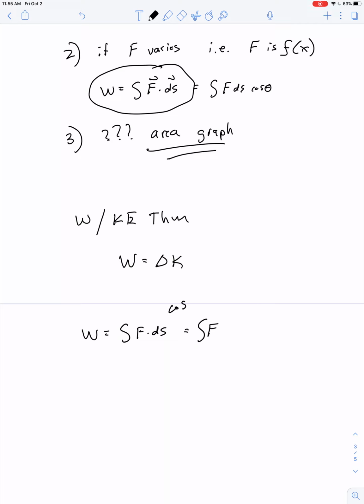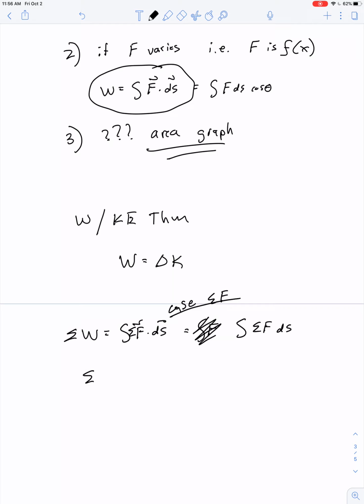let's consider the case where we're dealing with a net amount of force. Remember, we always choose the x-axis to be the axis of displacement. So when dealing with net force, it's always parallel to our displacement. So we're going to call this the net amount of work, which should be found by taking the dot product of the net force with displacement, which is just net force times the magnitude of displacement.